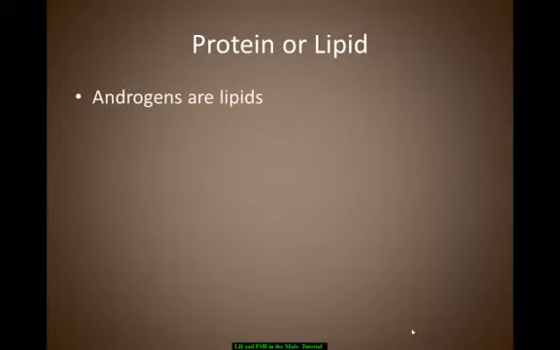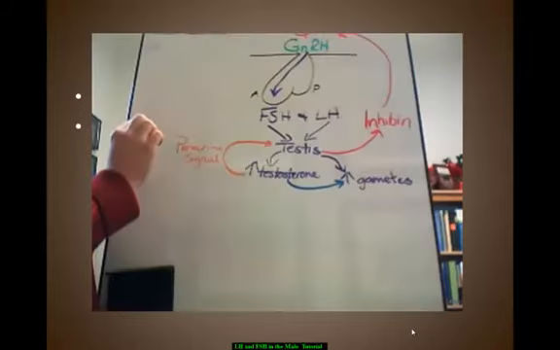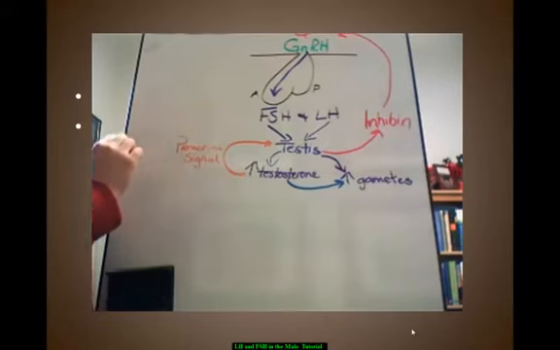So the androgens, like testosterone, are lipid-based hormones, and they tend to have long-term effects. Whereas inhibin is a protein and is rapidly broken down. So we can shortly turn off the secretion of follicle-stimulating hormone and luteinizing hormone, and when inhibin levels fall, then the gonadotropin-releasing hormone will again start to be produced.